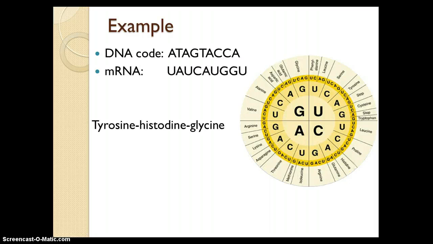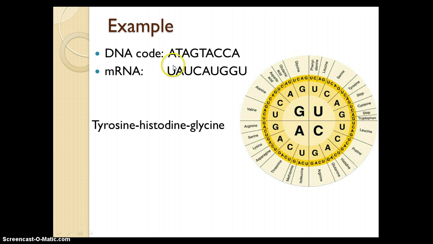So the first thing that you do to figure out what amino acids a certain DNA sequence codes for is you look at the DNA code itself, and the first thing you want to do is transcribe the DNA into complementary RNA. So you would look at what sort of RNA bases would pair to this DNA.